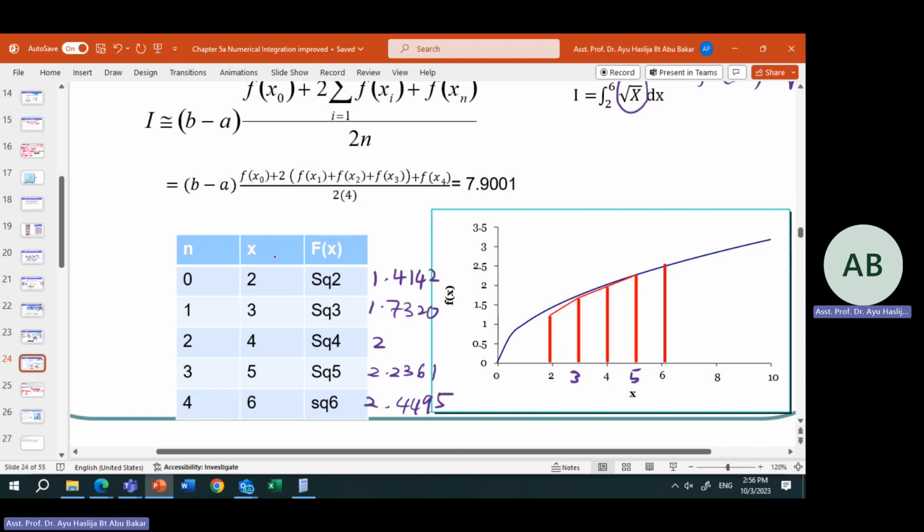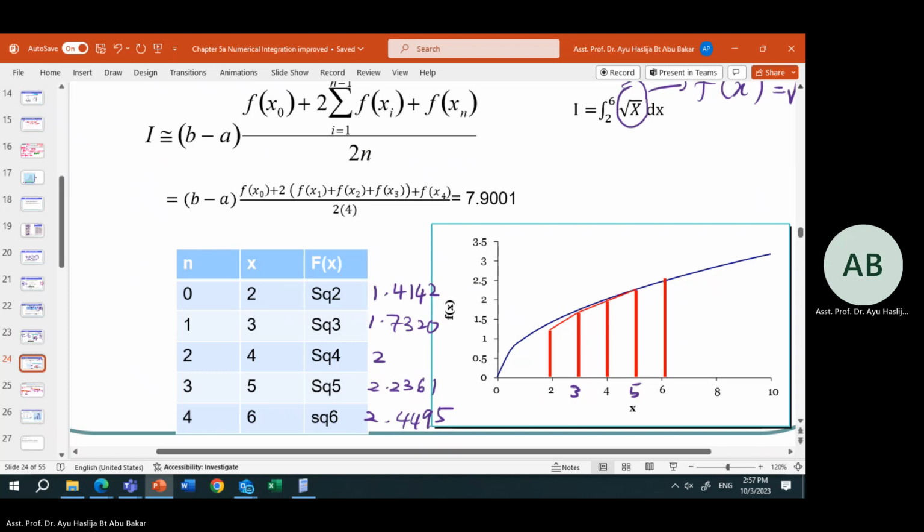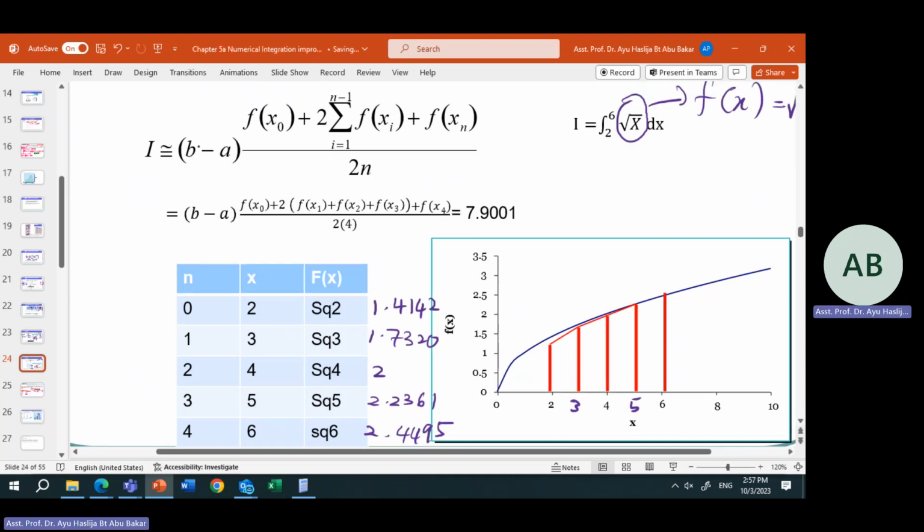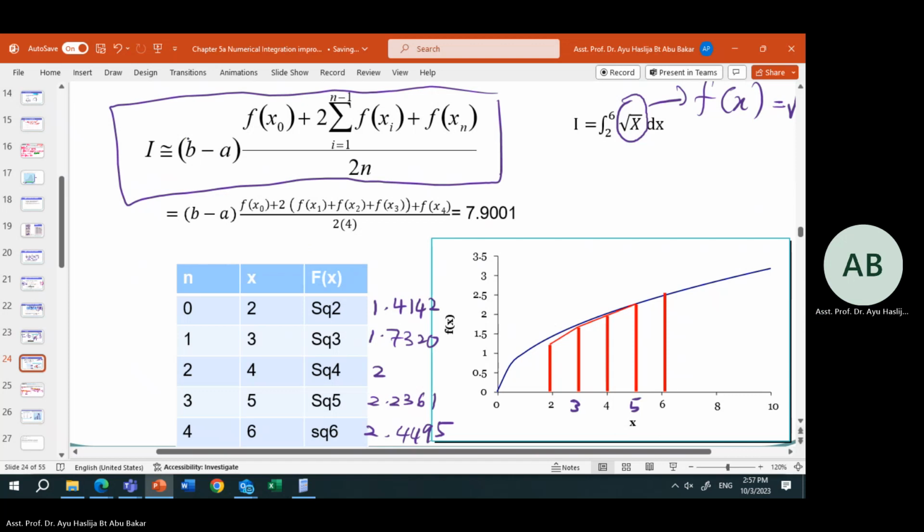Once you obtain all the x and fx's, subs into the integration equation. Okay, this one. This is the main equation for multiple application. B is 6 minus A is 2. Then fx naught is the first point. Fx naught plus 2 multiplied by the summation of the intermediate part.